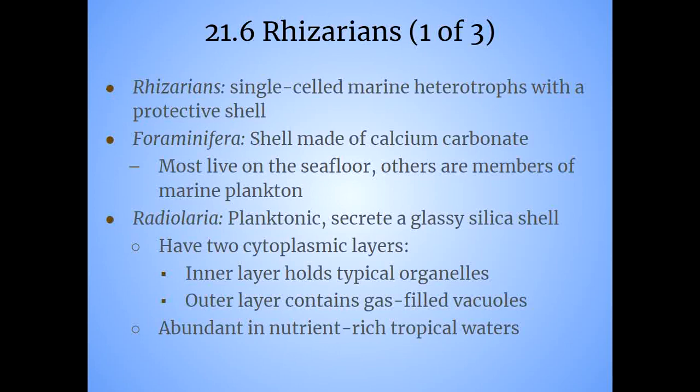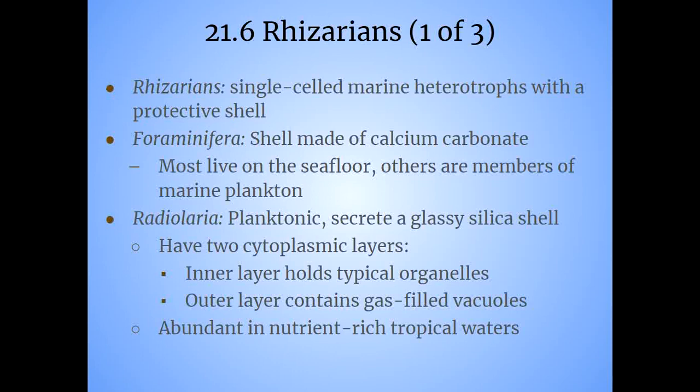The Foraminifera's shell is made of calcium carbonate, and most of them live on the seafloor. And then when they die, they will be deposited on the seafloor. Radiolaria do that as well, except their outer shell is a kind of glassy silica like the diatom shell, and it has these little spikes on it.